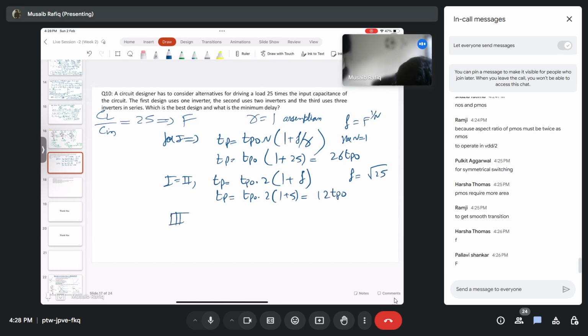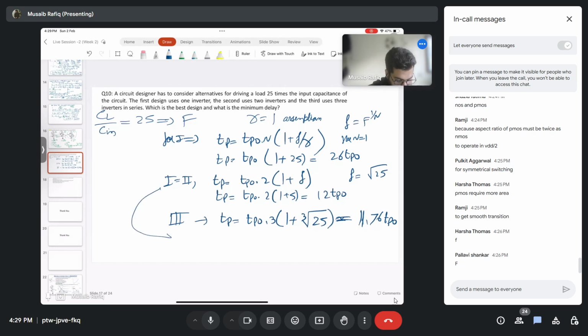And for the third case, TP is equal to TP0 multiplied by 3 times 1 plus cube root of 25, and if you do the math, it comes out to be 11.76 TP0. So in terms of propagation delay, the design with three inverters gives me the least delay, but to get the area saving part, we'll choose the two inverter design, as it also gives me the area savings and delay is not deteriorated significantly. So we'll choose this.